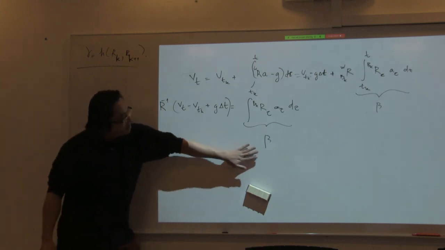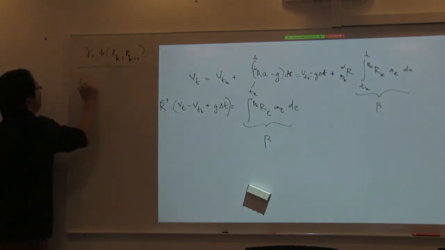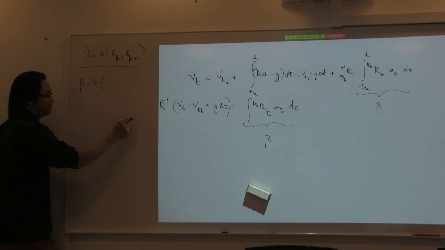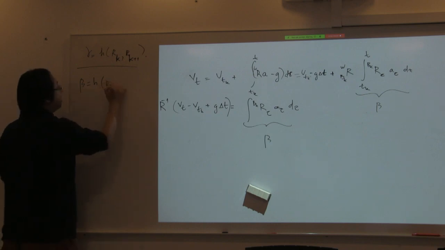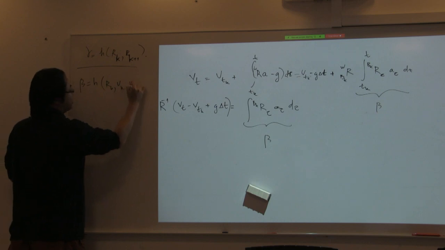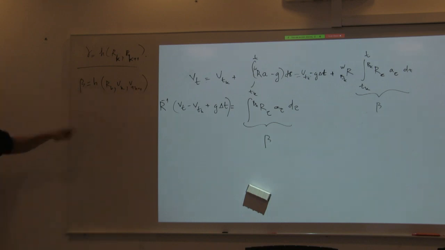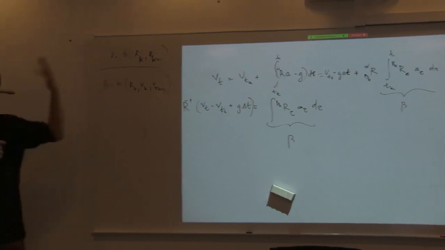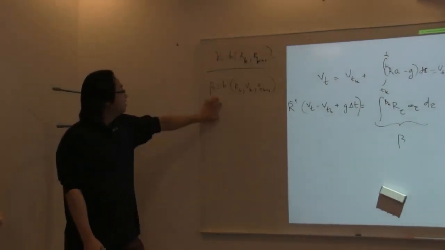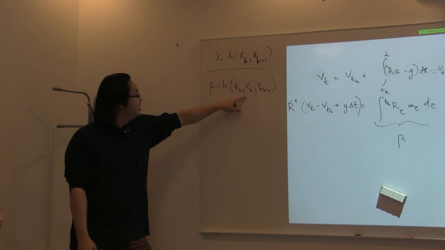So what we have here is that beta is an observation function of R K, V K, V K plus 1. This is the whole motivation: they want to construct the observation model. This is another observation model.